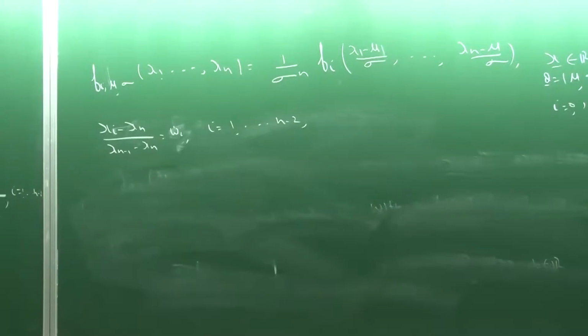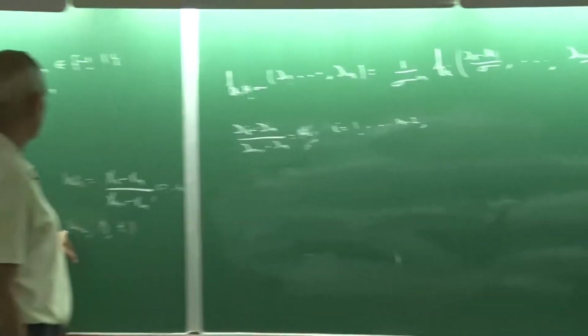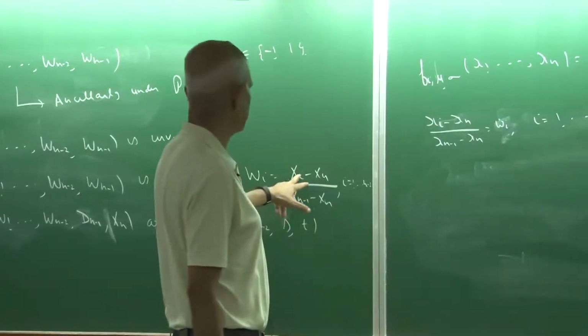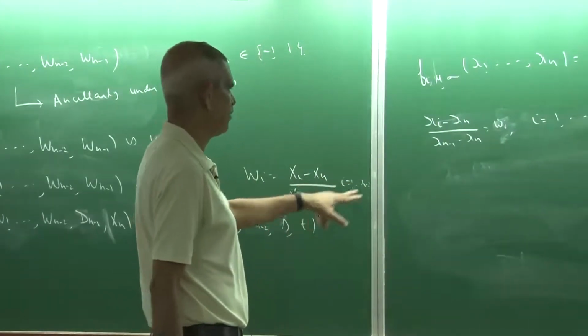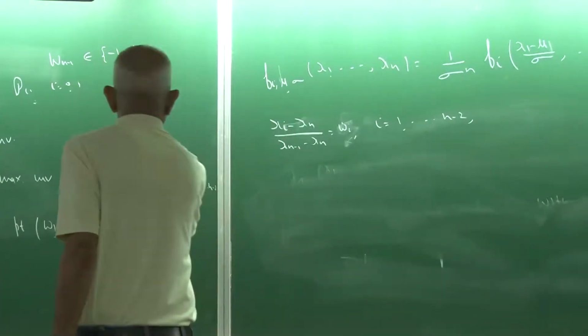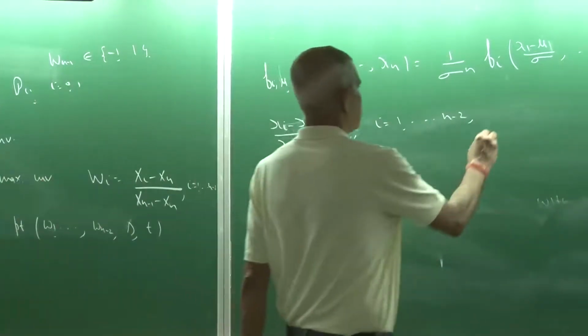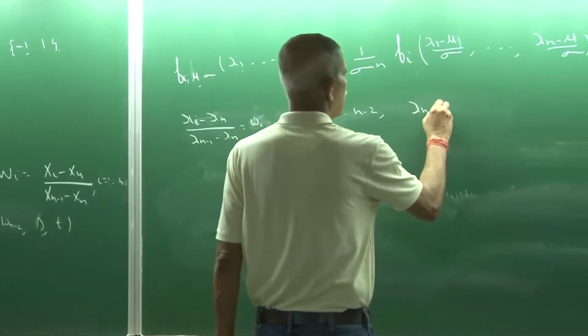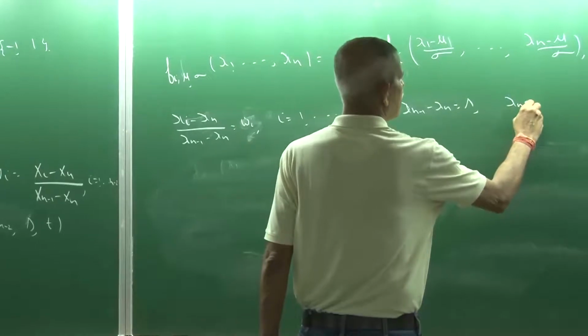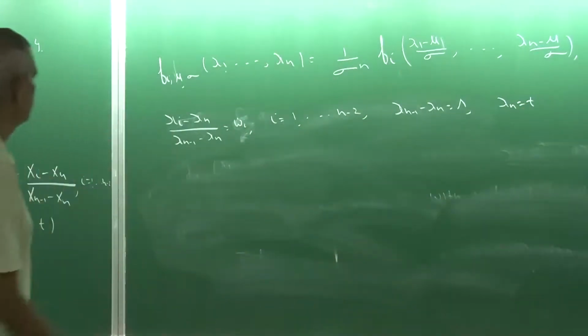At the point W1, W2, ..., Wn minus 2, if I have to apply that transformation over here, I have to make xi minus xn upon xn minus 1 minus xn as wi. Then xn minus 1 minus xn is s, and xn is t. So what do you get?